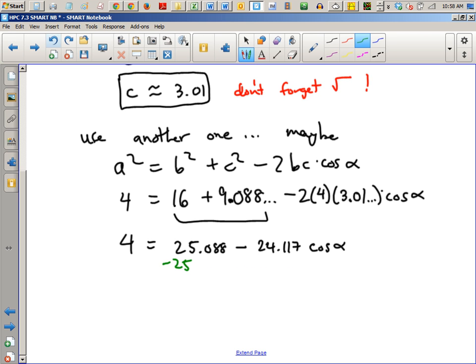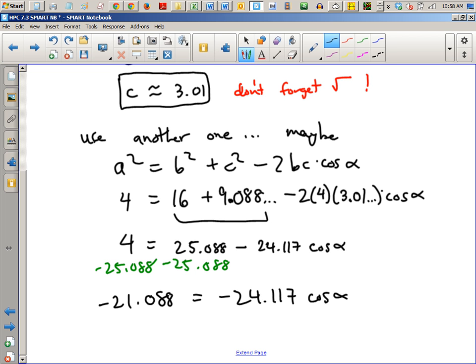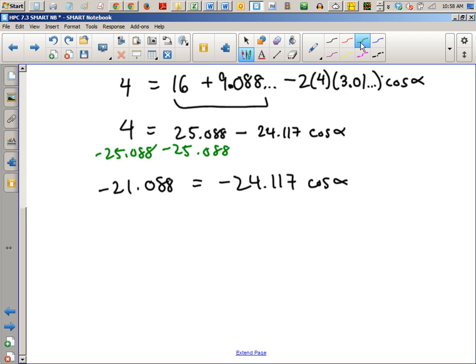Instead, subtract 25.088 from this side, which of course gives us negative 21.088. Then we divide like this. So what's negative 21.088 divided by 24.117?